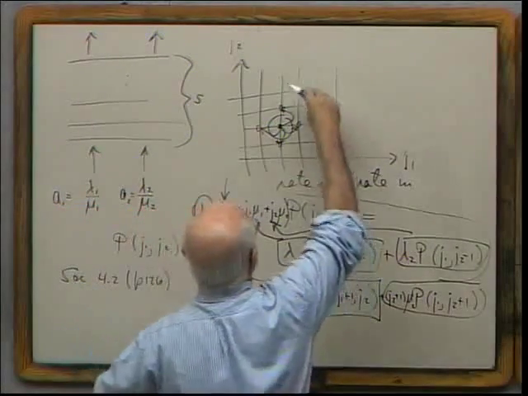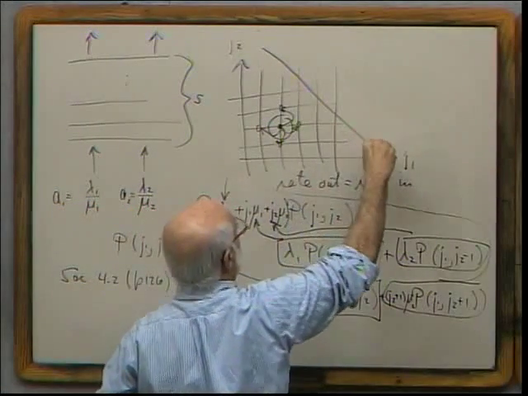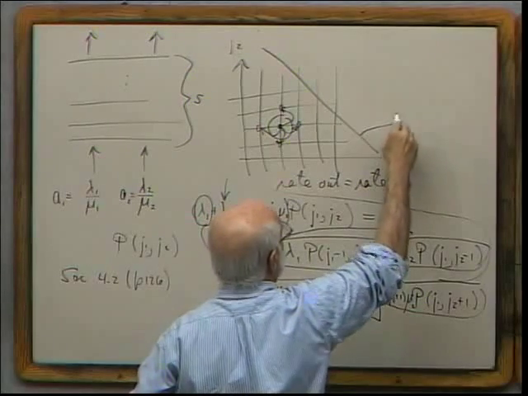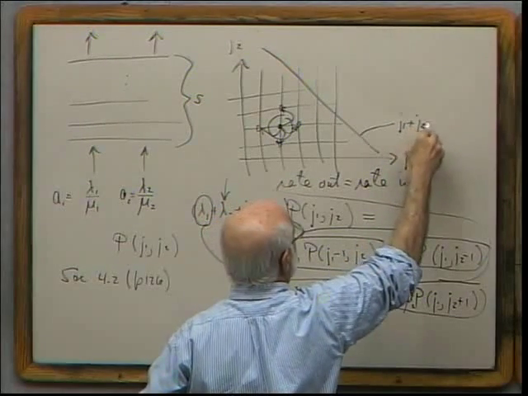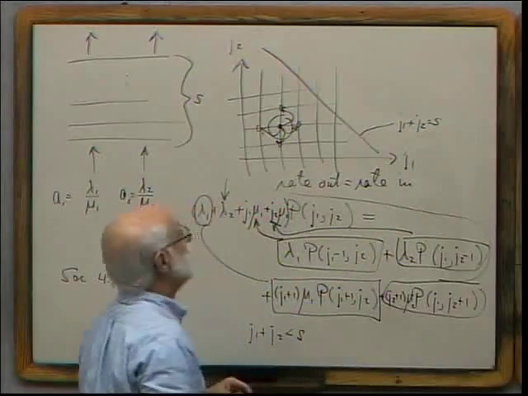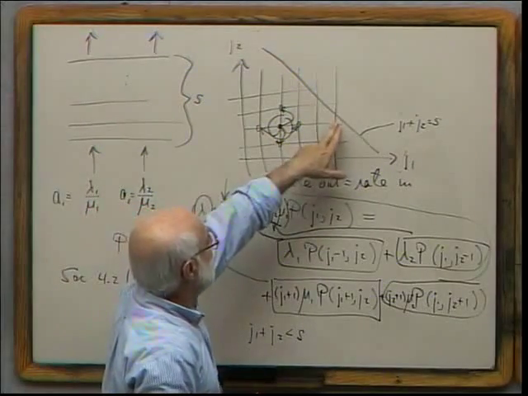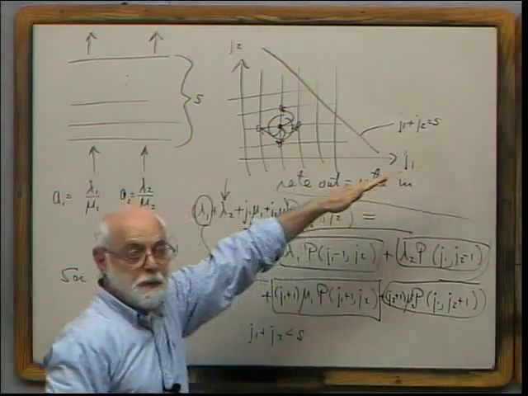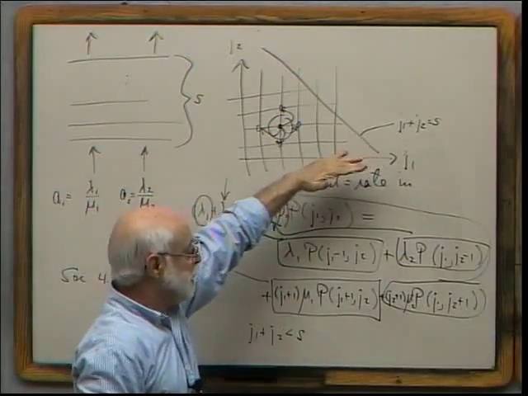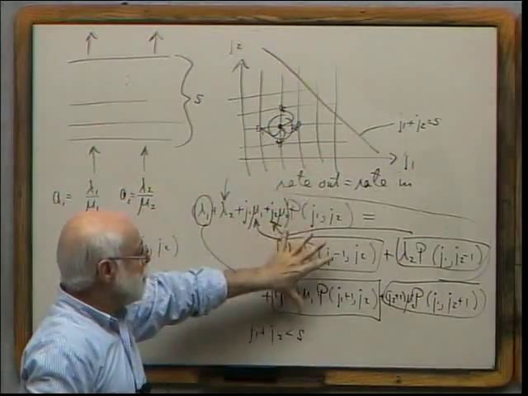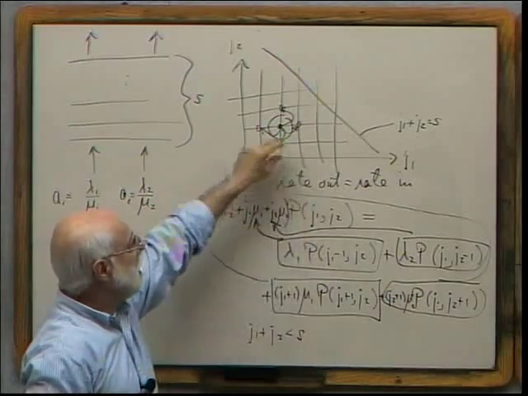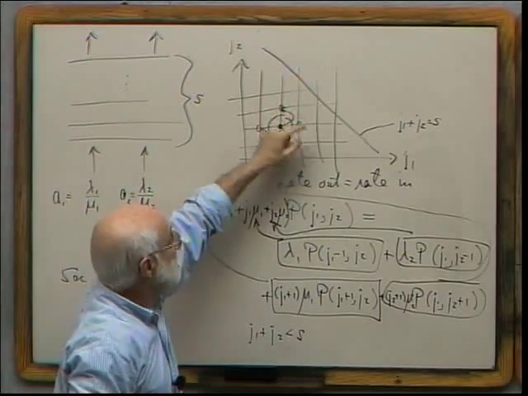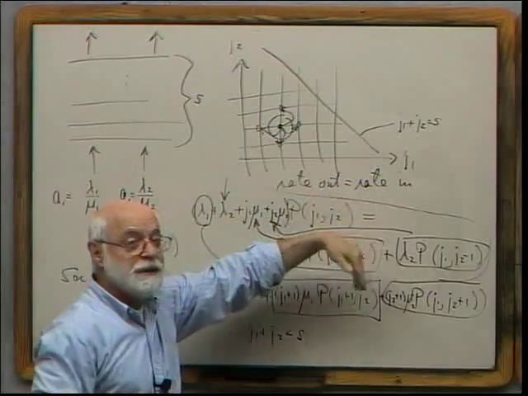This line corresponds to J1 plus J2 equals S. All of the nodes that I intersect with this line correspond to all servers being busy. And so I have a boundary condition, which means that these equations are going to describe the state of the system on the interior of this diagram, but along the boundary, I'm going to have different equations because I'm not going to allow certain transitions.